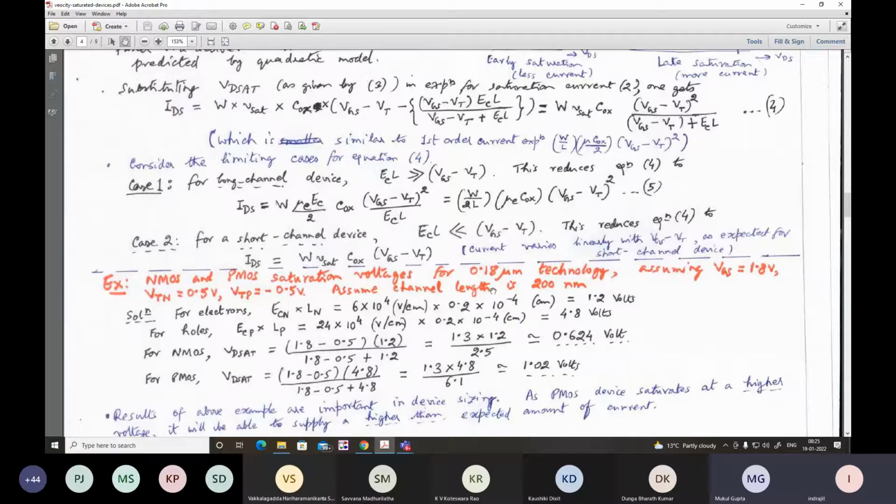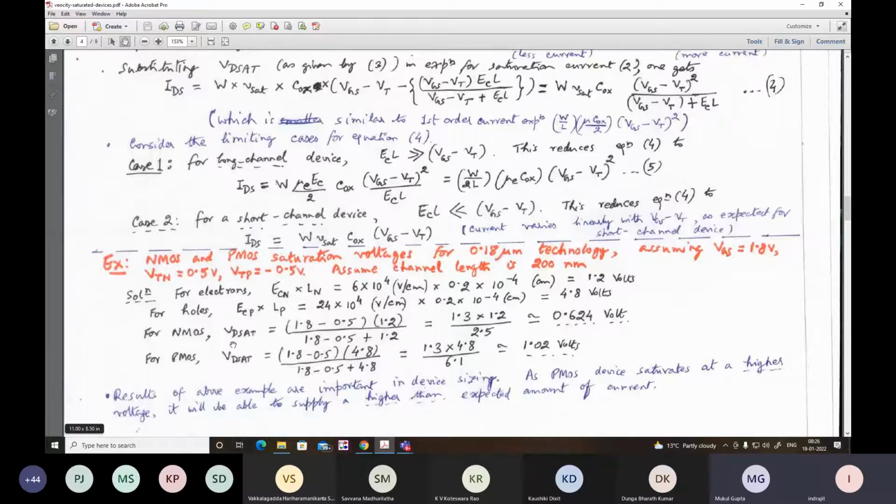So for electrons, the product of critical field and channel length is 6 into 10 to the power 4 volt per centimeter into 0.2 micrometer, or 1.2 volt. Whereas in case of holes, it is the critical field value multiplied by the channel length, so it is 4.8 volt. So the value of VDSAT for electrons is 0.624 volt, whereas for PMOS, it is 1.02 volt.